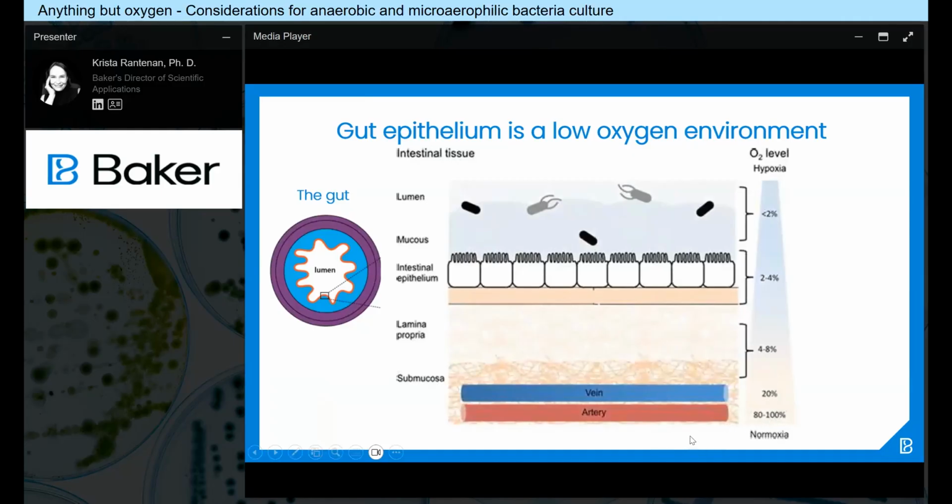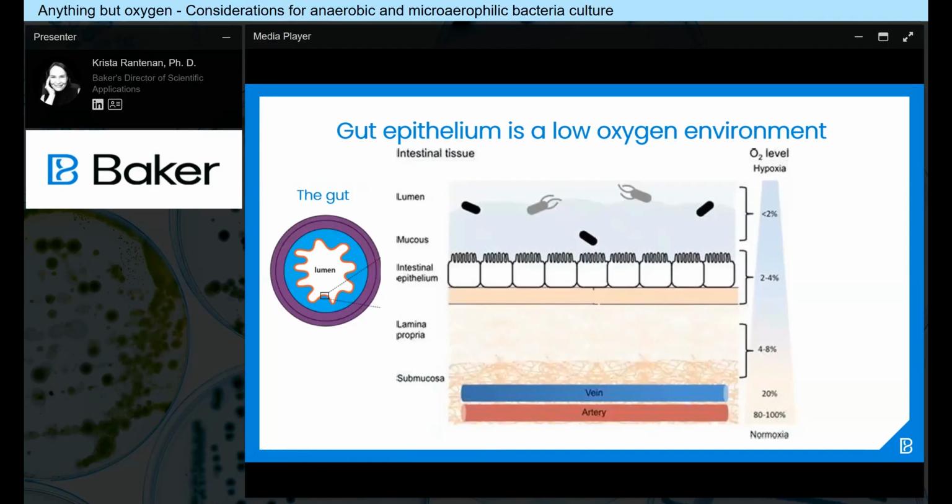The oxygen comes from the well-vascularized subepithelial mucosa, and then the gradient goes to the lumen, which is practically anoxic. So you can see the well-oxygenated blood coming in, and then the oxygen gradient forming.